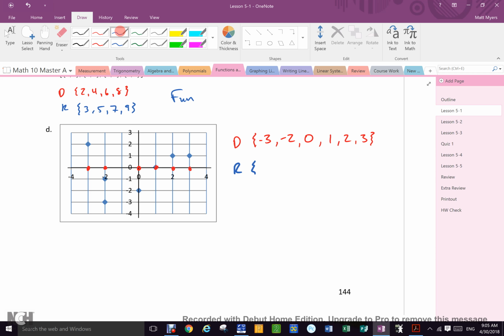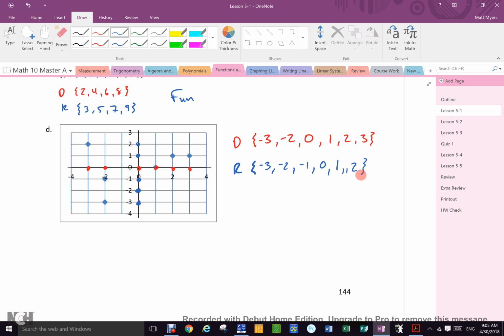On the y-axis. Is there one here? What is it? -3. Is there one here? What is it? -2. What's the next one? -1. Is there a 0? Is there a 1? And a 2. Do I have a relation? Am I comparing X's and Y's?